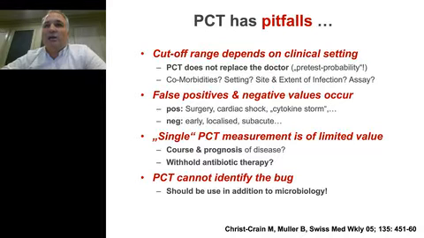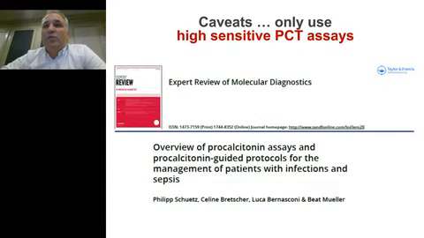I think another caveat is that if we use PCT, we also have to use high sensitive PCT assays, because all these results from trials were done with high sensitive PCT assays.